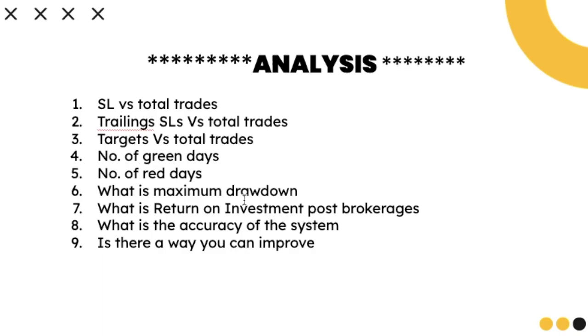I will give you a small example of maximum drawdown. Let us say you brought a capital of 1 lakh. Tomorrow it is 1,03,000, day after tomorrow it is 1,05,000, and after 15 days your capital reached a maximum point of 1,15,000 and came back to 1,01,000. Again it went up, again it went down, and so on.